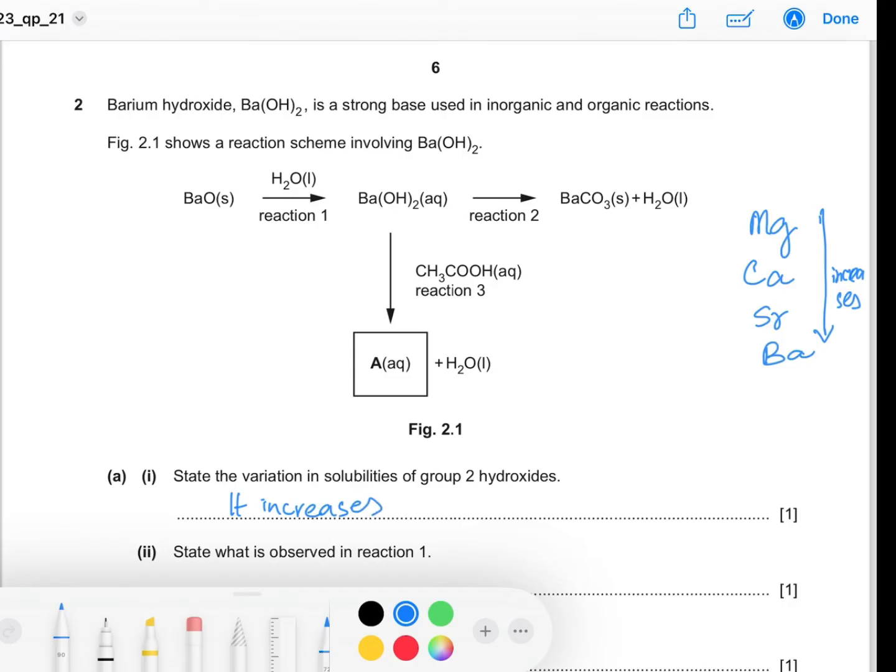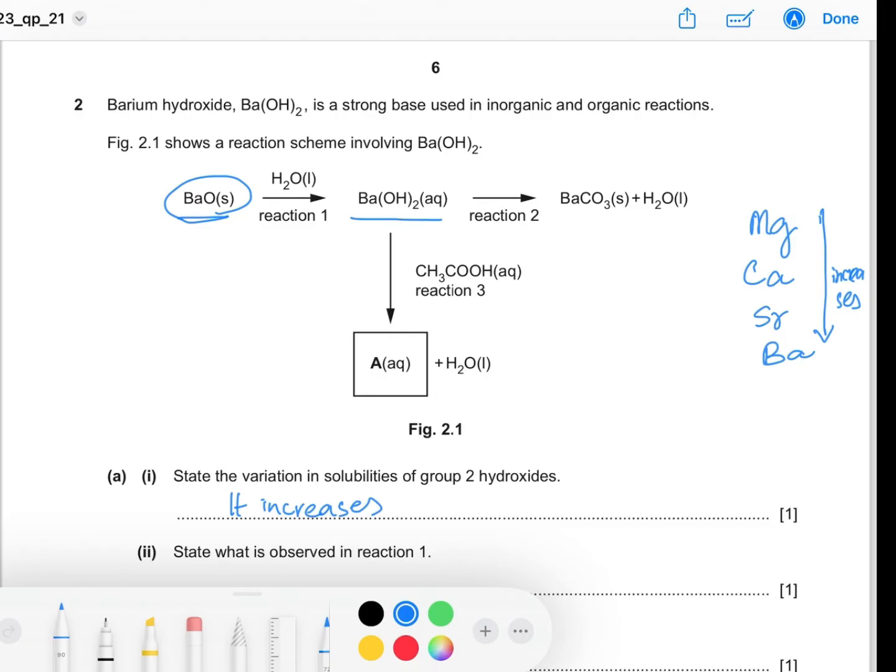Part 2, state what's observed in reaction 1. So reaction 1, solid barium oxide turns to aqueous barium hydroxide, and because of this you'd observe that a white solid barium hydroxide disappears or dissolves.